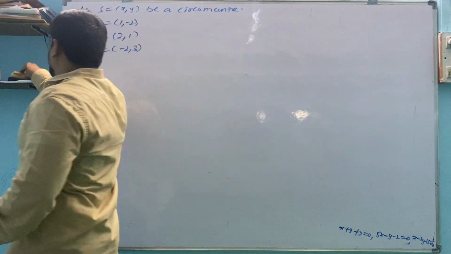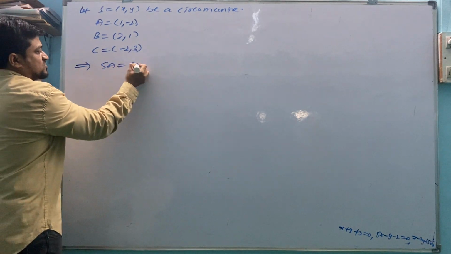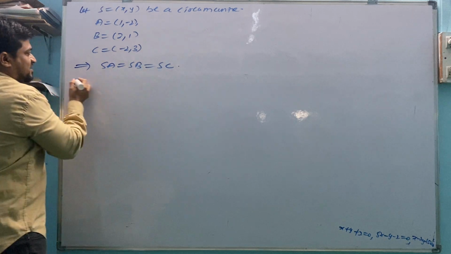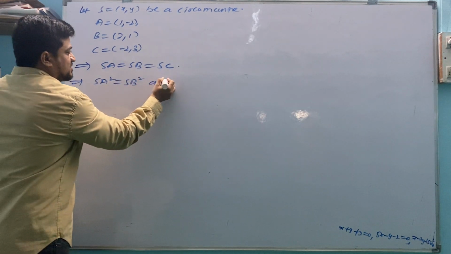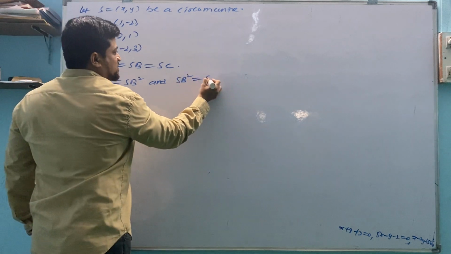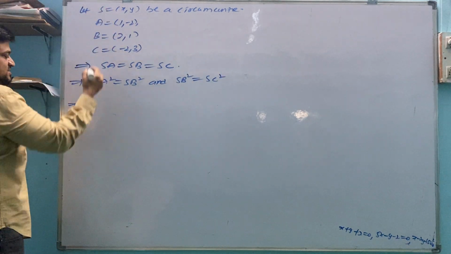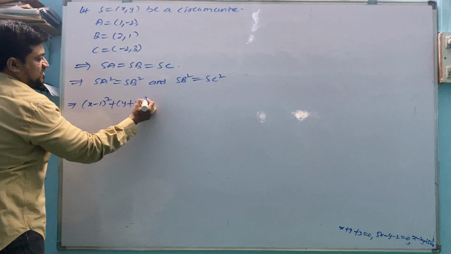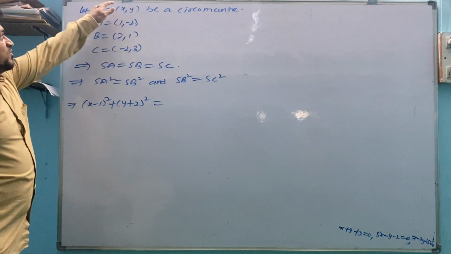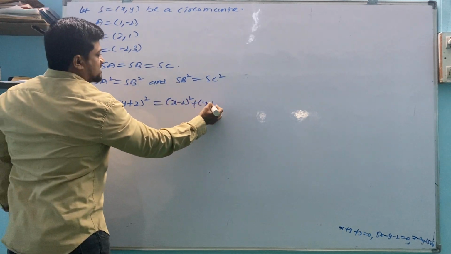Once we got these points, what is the formula we have? SA equals SB equals SC for the circumcenter, so SA square equals SB square, and SB square equals SC square. Now I am taking SA square equals SB square: first minus first whole square plus second minus second whole square.